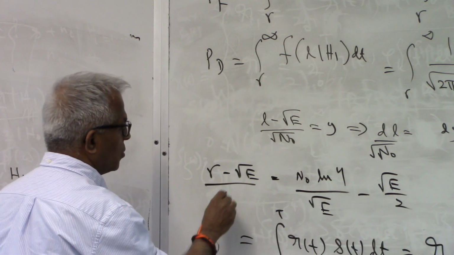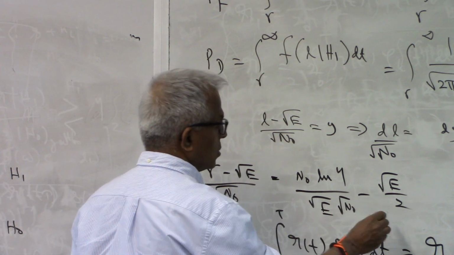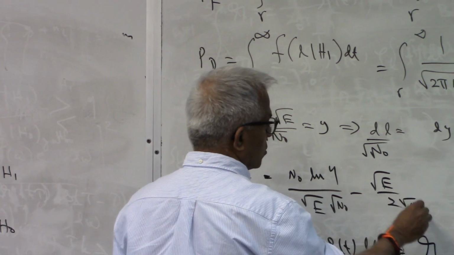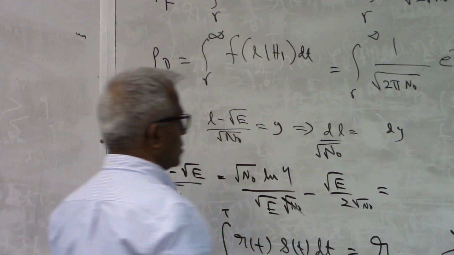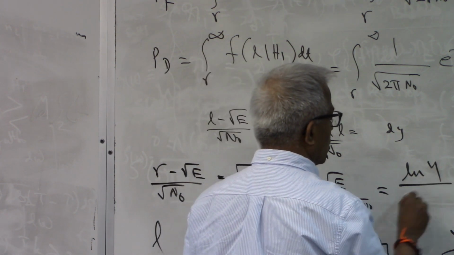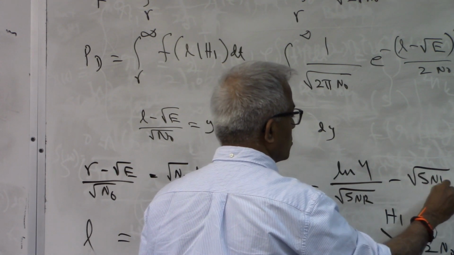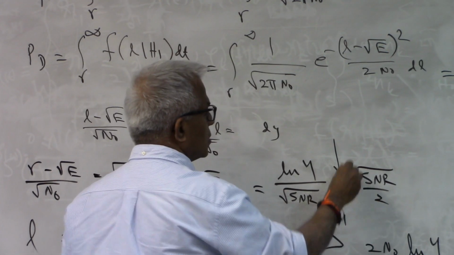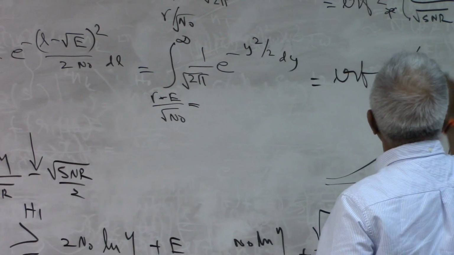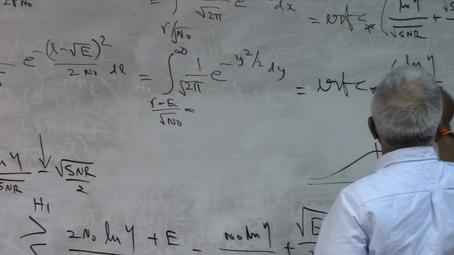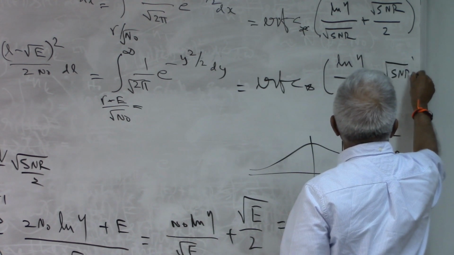Now again I'm going to divide by square root of N0, the same thing. So this expression becomes log eta divided by square root of SNR minus square root of SNR by 2. So this becomes the complementary error function of log eta over square root of SNR minus square root of SNR over 2. These are standard expressions.